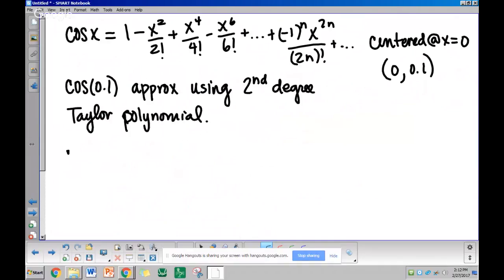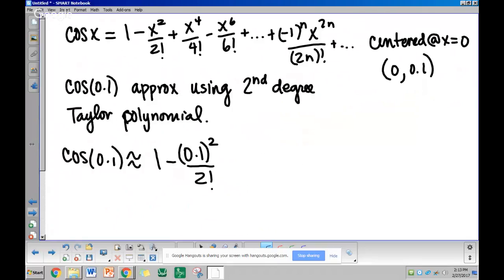Okay, so we're going to say that the cosine of 0.1 is approximately... What are we going to do with that? We're going to take 0.1 and stick it in where? The x's. So this is going to be 1 minus 0.1 quantity squared over 2 factorial. 0.1 squared is 1/10 squared, which is 1 over 100.